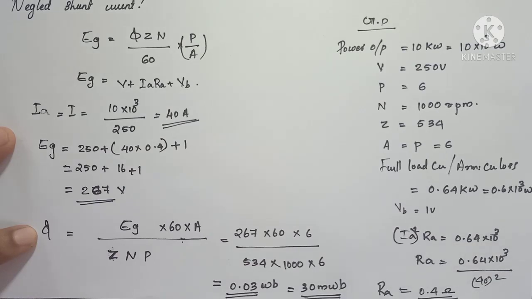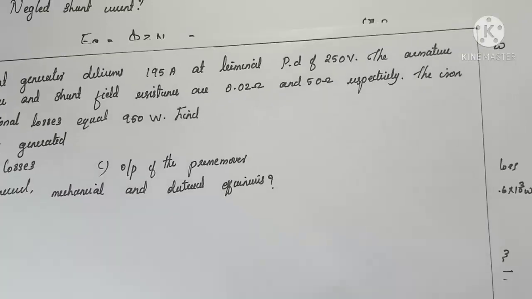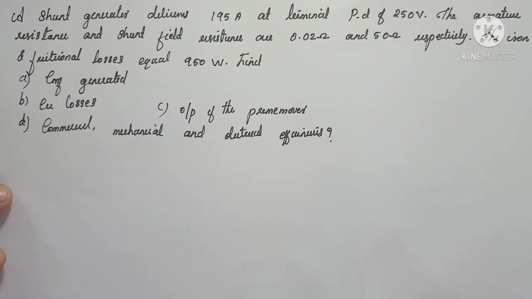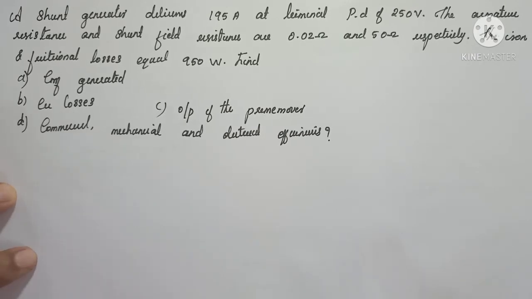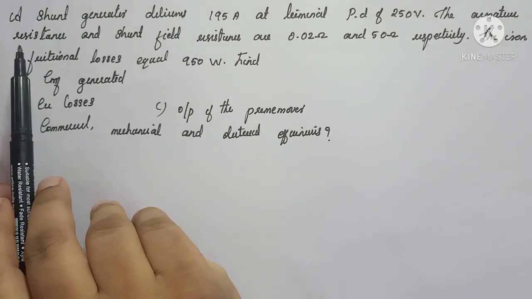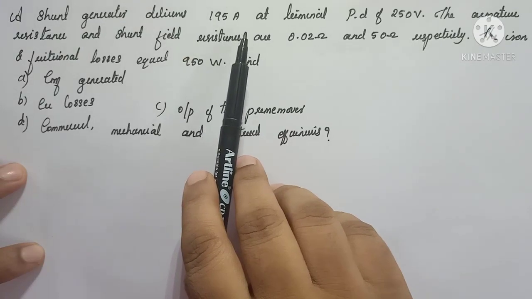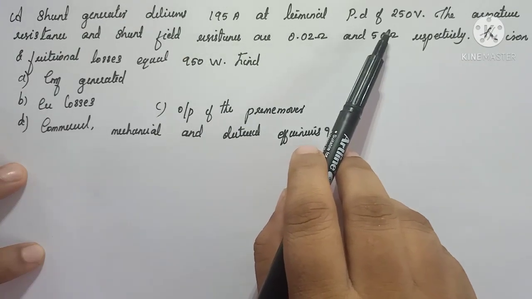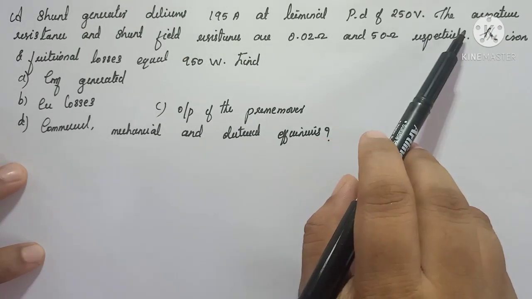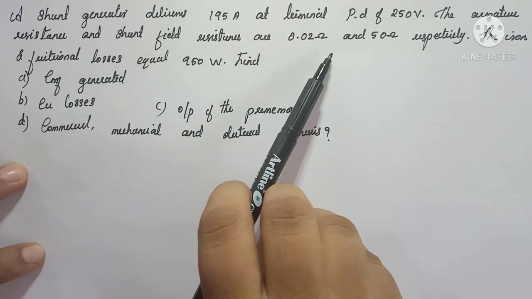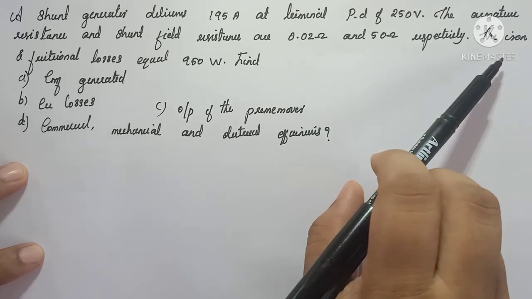Now let us discuss another problem. This is that problem. It reads as: a shunt generator delivers 195 ampere at terminal potential of 250 volt. The armature resistance and shunt field resistance are 0.02 ohm and 50 ohm respectively.